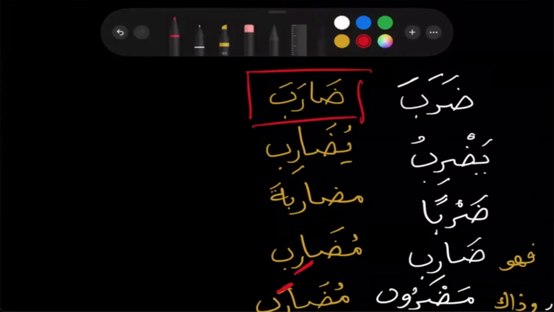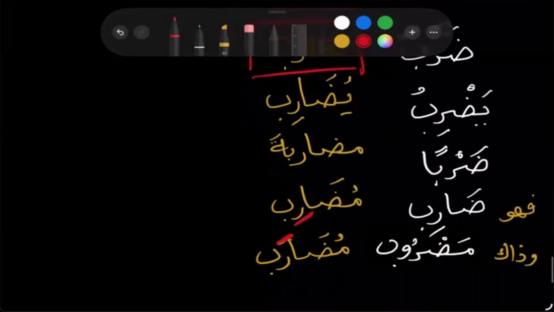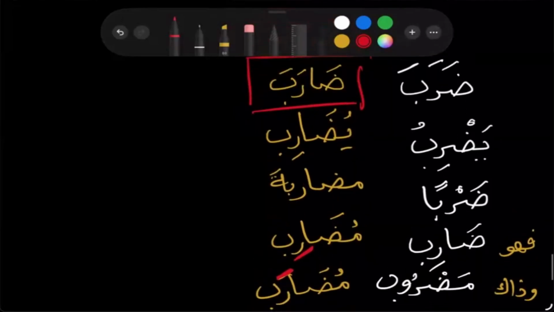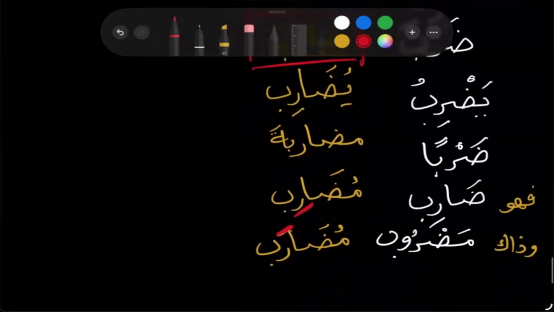I don't know, though. I don't remember that I learned that. I'm just trying to put pieces together as I'm reviewing with you. So the rule is, when you have more than 3 letters, then the name of the doer has a kasra before the last letter, and the name of the receiver has a fatha before the last letter.